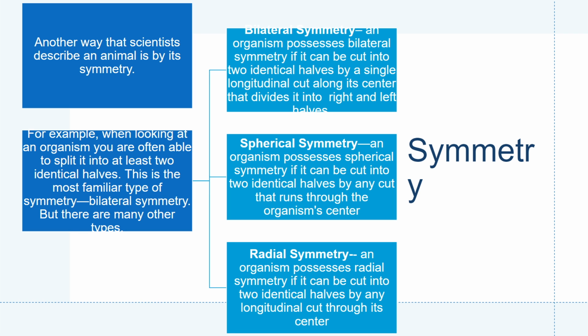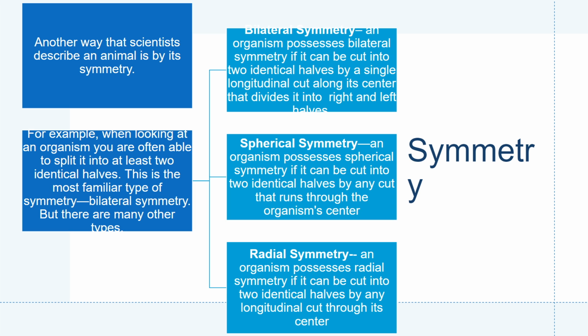We could also look at ways to classify animals that are not just vertebrate or invertebrate, like symmetry. There's bilateral, spherical, and radial symmetry. An organism with bilateral symmetry possesses a symmetry wherein if you cut it into two identical halves, you are able to do so via a longitudinal cut.